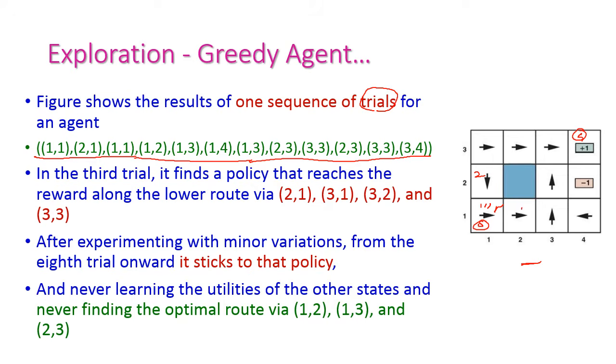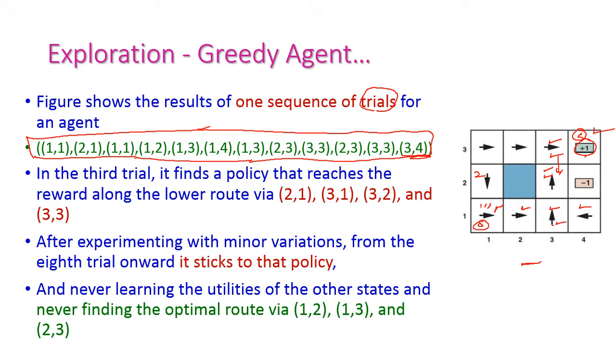After that, 1,2, 1,3, 1,4, again it will come back here. This is 1,3, then 2,3, 3,3, then it will come back here, 2,3, again 3,3, then 3,4, the goal state. In the first trial the agent finds this particular route to reach the goal state.